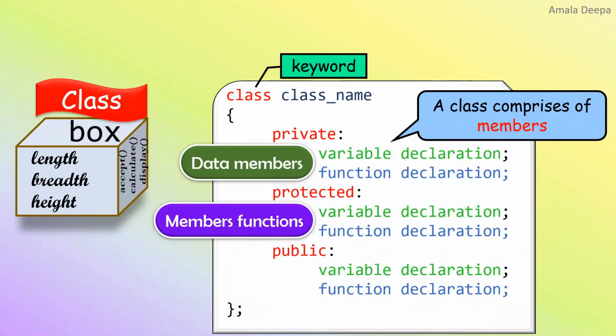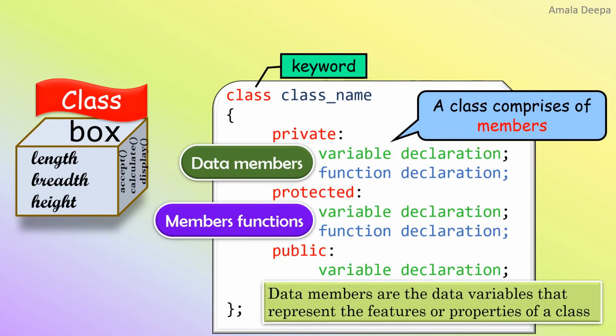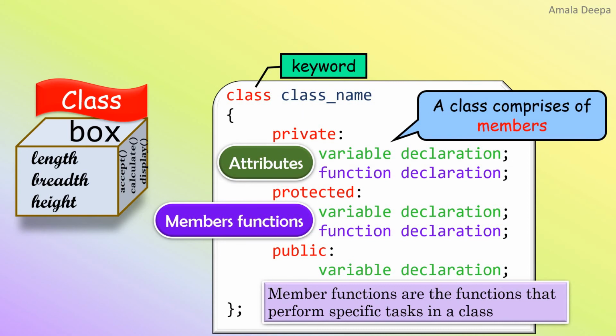The data members are the data variables that represent the features or properties of a class. Data members are also called as attributes. Member functions are the functions that perform specific tasks in a class. Member functions are also called as methods.